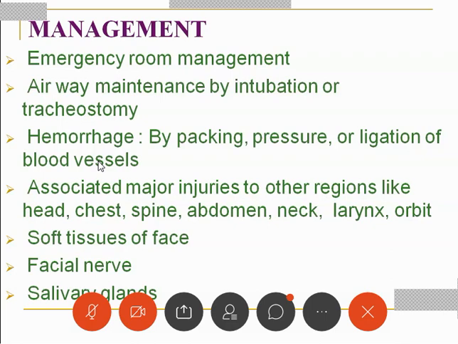A patient comes with a road traffic accident with a nasal injury, but unfortunately in our casualty, because of lack of knowledge or work overload, we usually just see the nose and send him off. But in the basic primary examination of any traffic accident or any person injured in any way, you have to palpate him from head to toe.